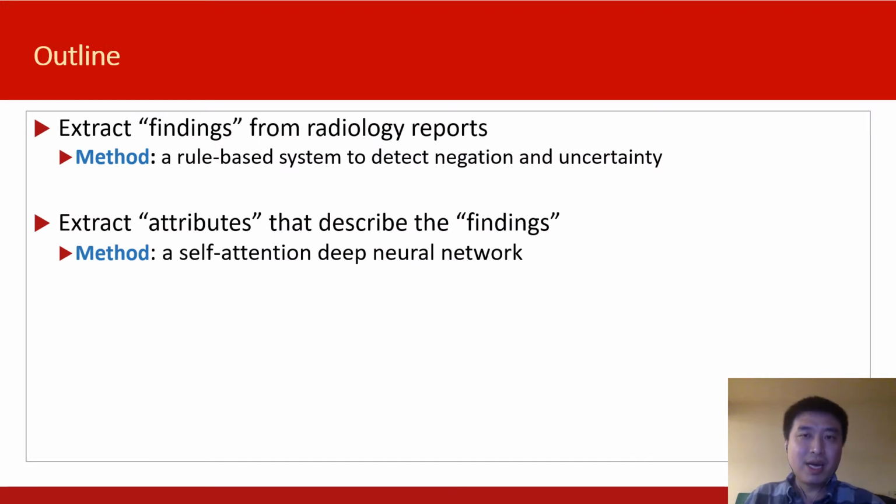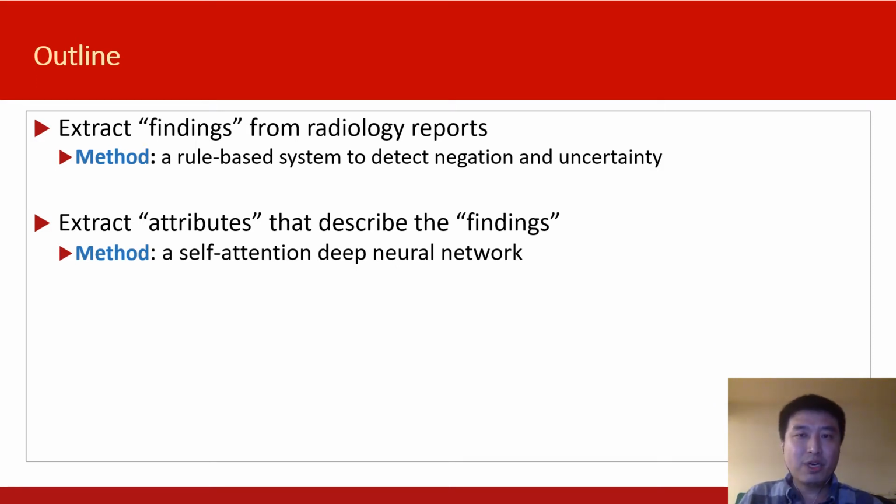So based on this idea, in this talk, I will present two projects or two directions. In the first project, I will describe a rule-based system to extract findings from radiology reports and show how we can use the clinical natural language processing techniques to construct a large-scale chest X-ray dataset.